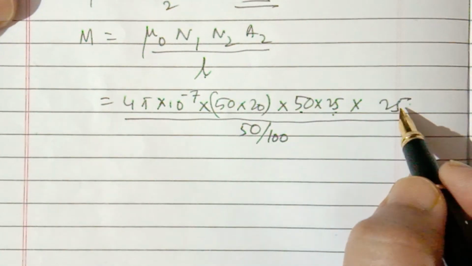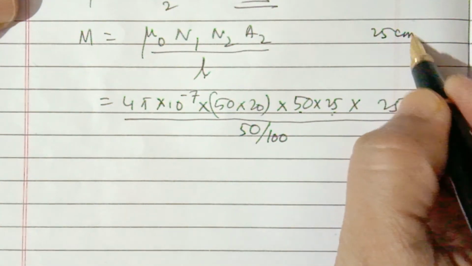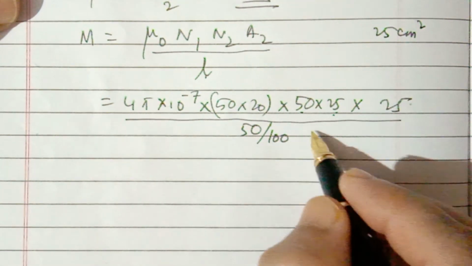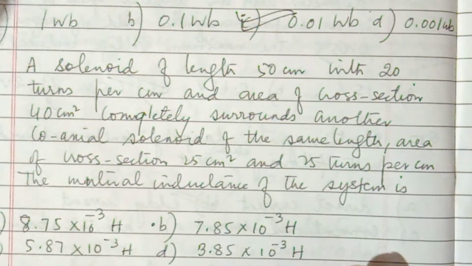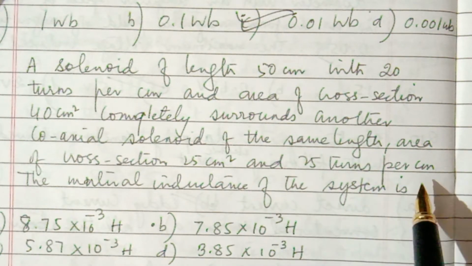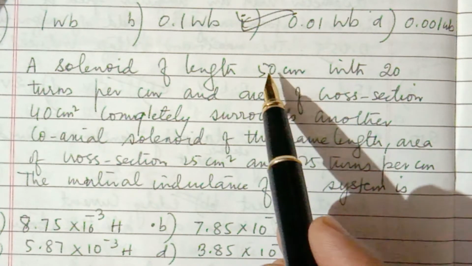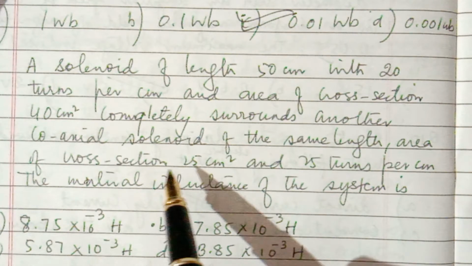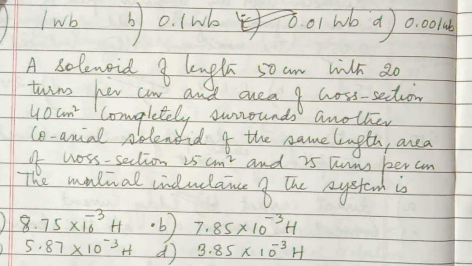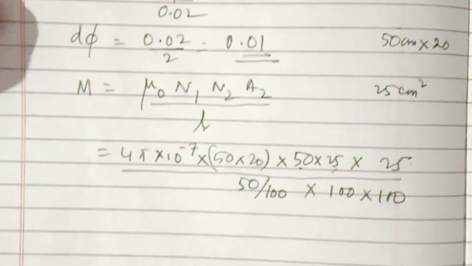And area of the second coil is 25 centimeter square, so you have to change it to meter square, 25 into 10 to the power minus 4.